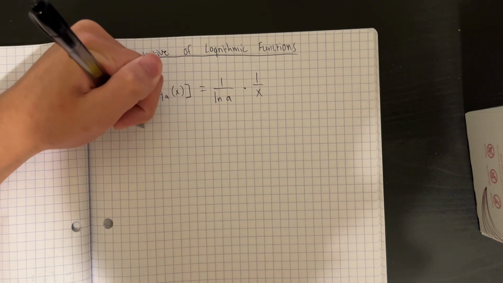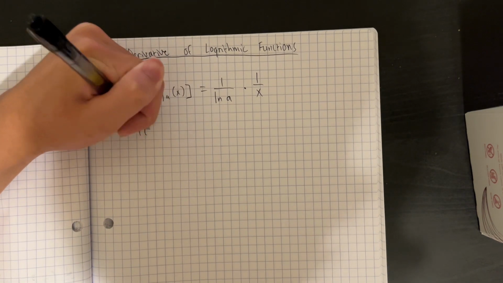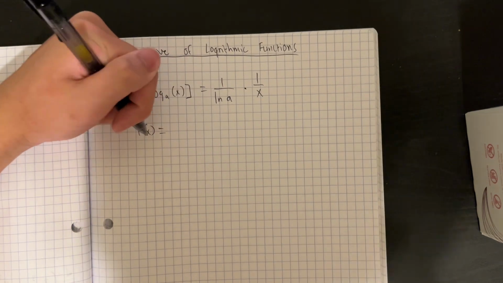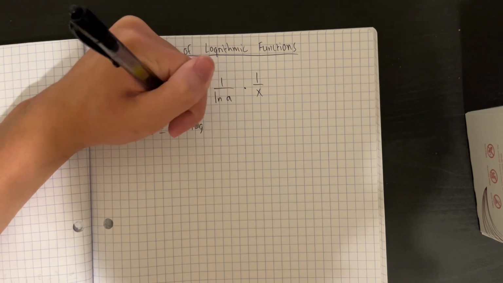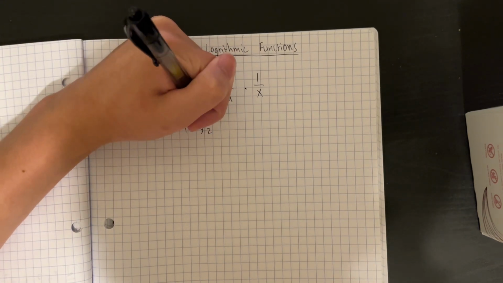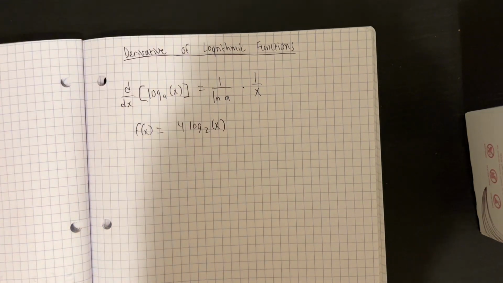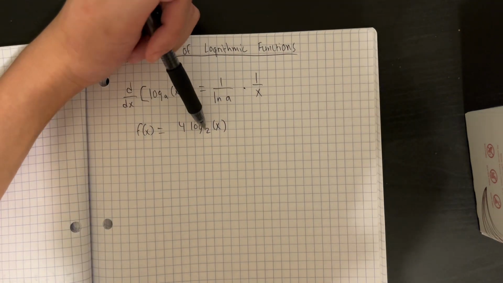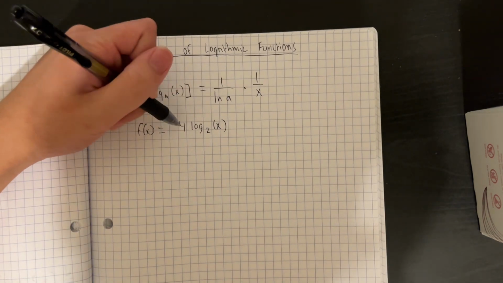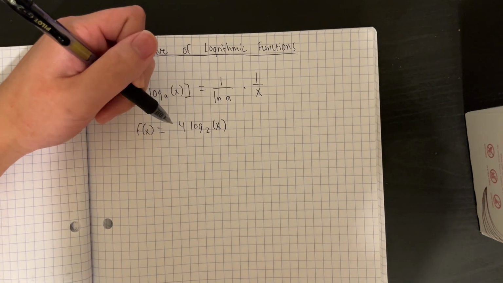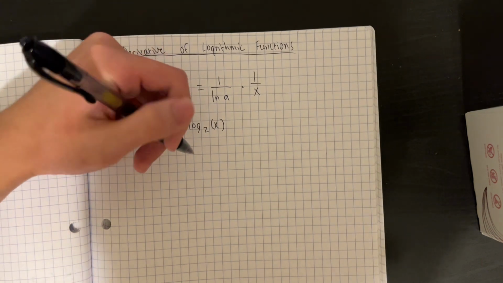Here I have f of x is equal to 4 log base 2 of x. We can identify our a, or our base, as 2. And here we have a 4, which means we'll have to apply the constant multiple rule.